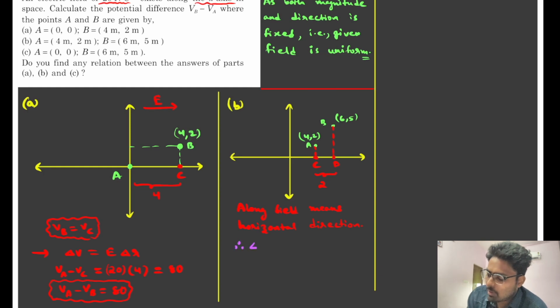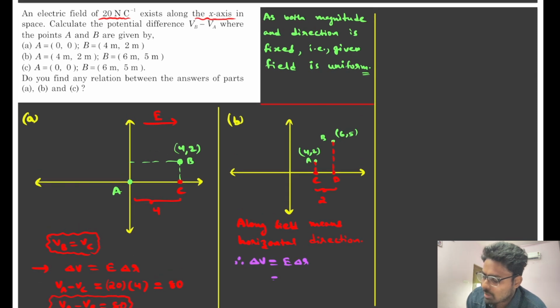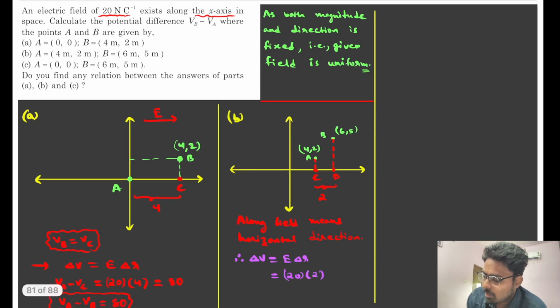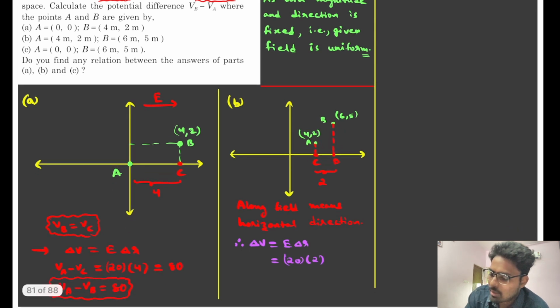Therefore delta V, the potential difference, is nothing but the magnitude E into delta R. E is given as 20 and delta R in this case is 2. But which will be at the higher potential? Obviously field lines are going to the right side, so C will be at more potential than D. C and A should have the same potential, and D and B should have the same potential.